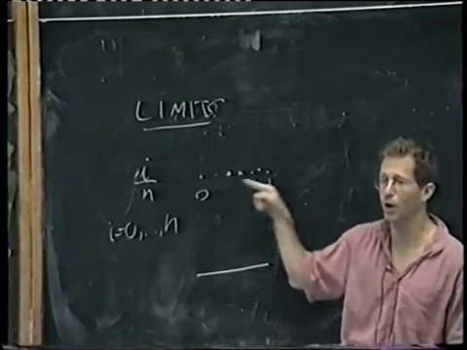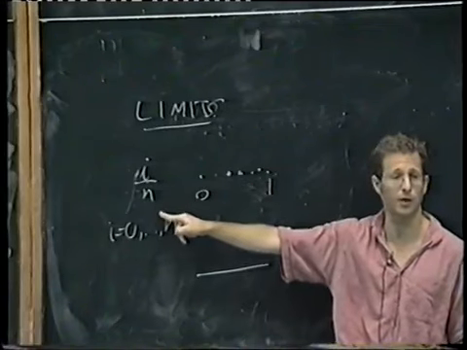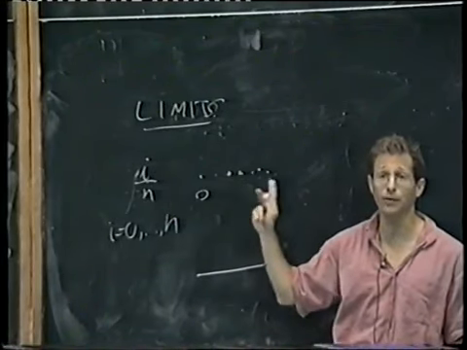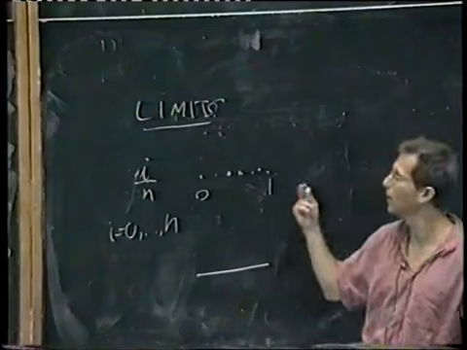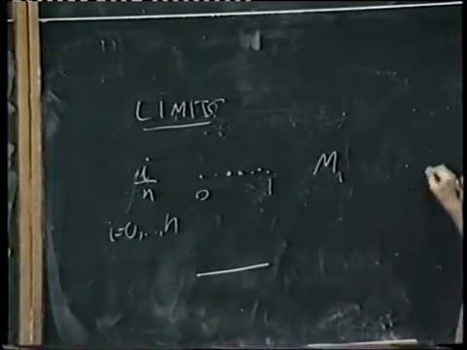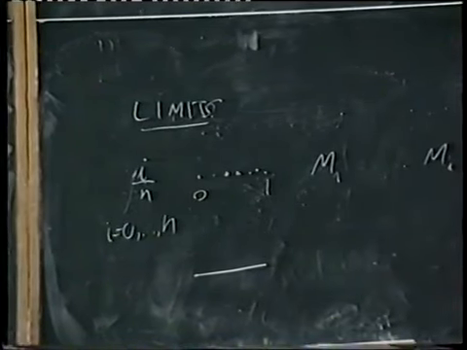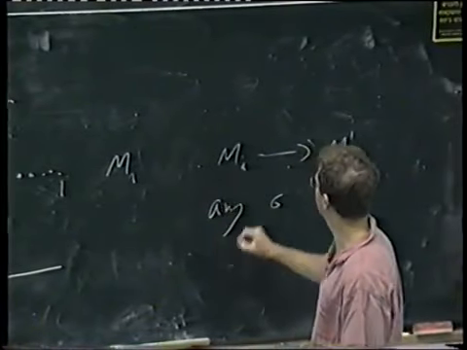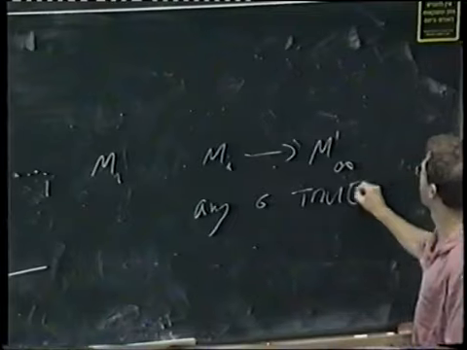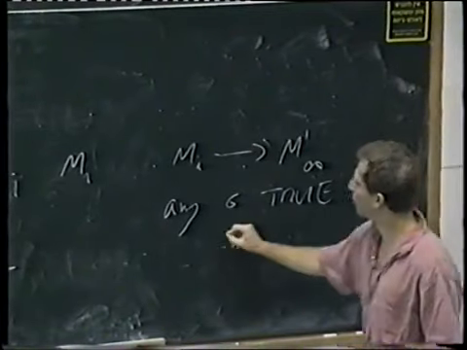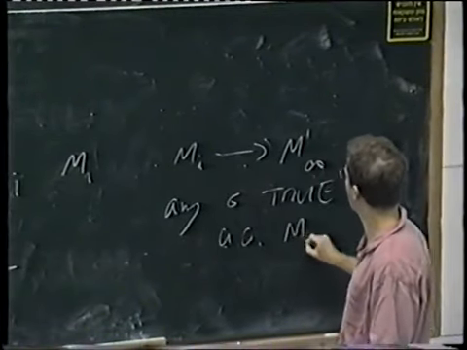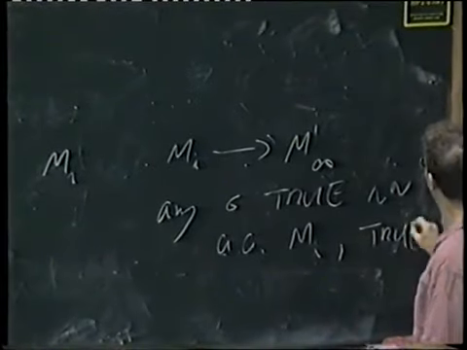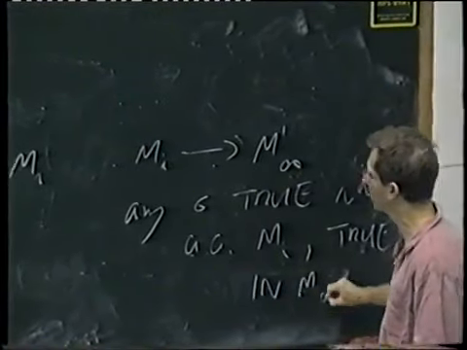It's true in each one of these finite structures, no matter how large n is, and therefore it will remain true in the model theoretic limit. So if this is M_i, then to say that M_i approaches M_infinity is to say that any sigma true in almost all M_i is true in M_infinity.